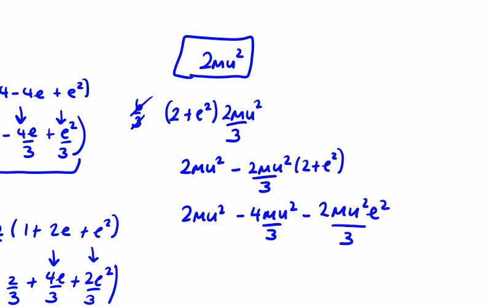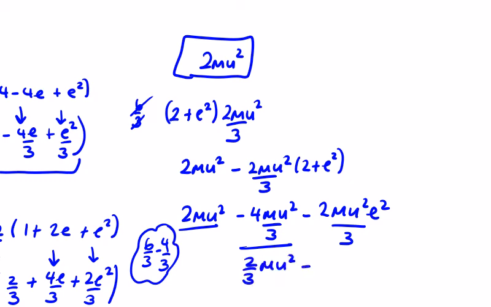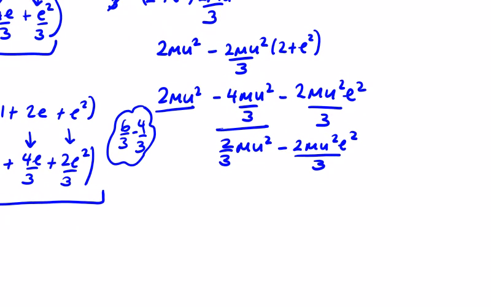So I have my mu squared. I have mu squared here and mu squared here. So I have 2 of them minus 4/3. So that's 6 over 3 minus 4 over 3 for just a little bit of rough off to the side. So I'm going to end up with 2 over 3 mu squared with those two. And then minus 2mu squared e squared over 3. You could probably see a simpler way to do this, but it's just to show you every step.